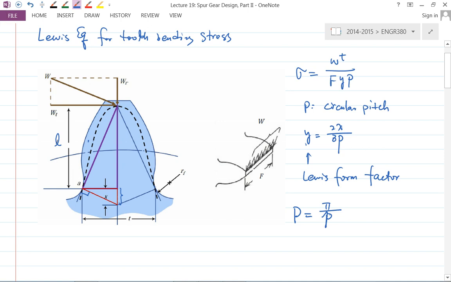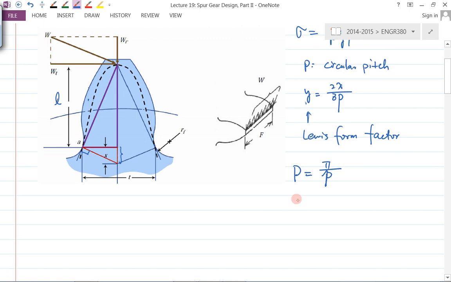So what we can do is a very simple substitution here. We can let capital Y equal pi times the small y. Small y is a Lewis form factor. Now if we change small y to capital Y, we still call it Lewis form factor.